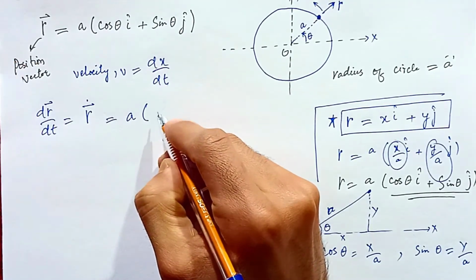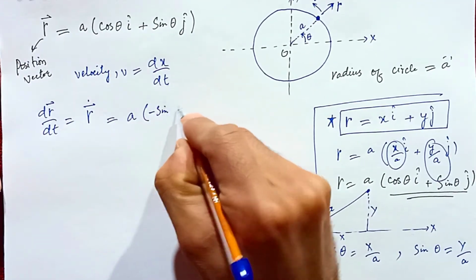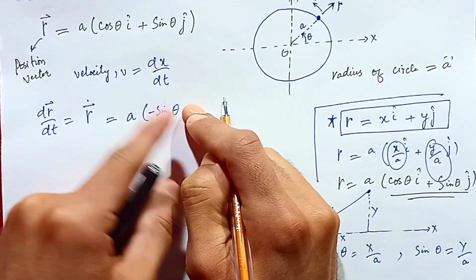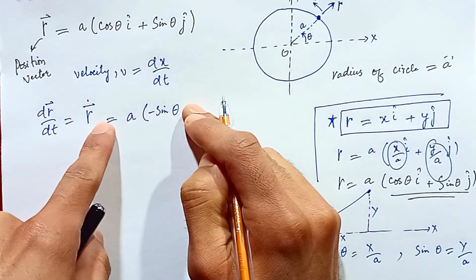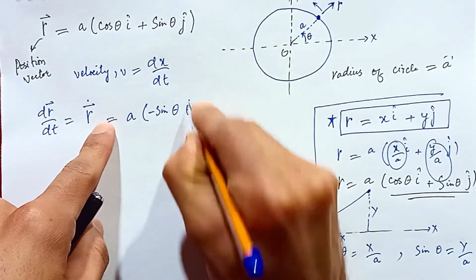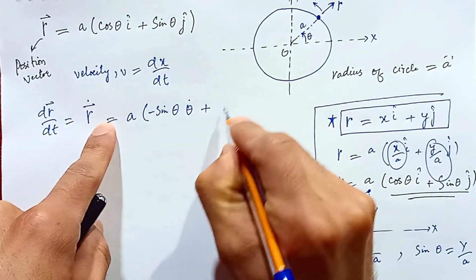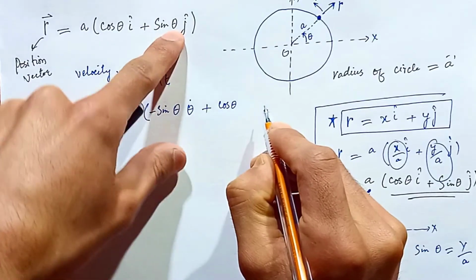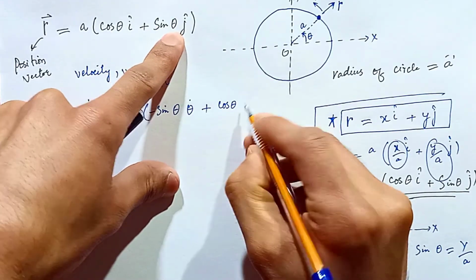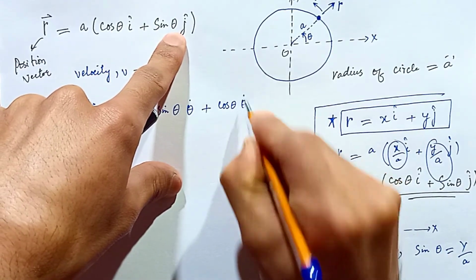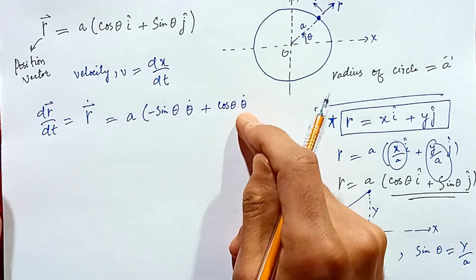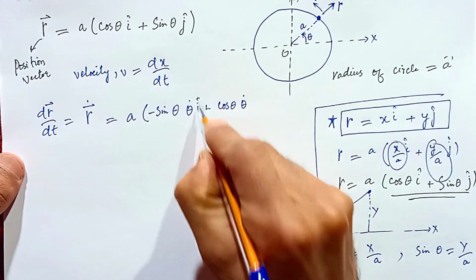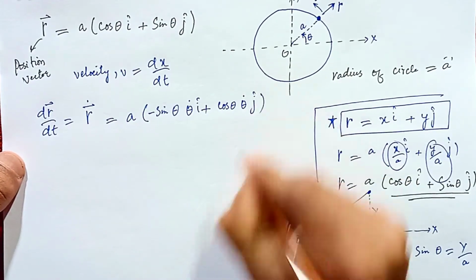So differentiation of cosine of theta is minus sine of theta multiplied by differentiation of theta with respect to time, that will be theta dot, plus differentiation of sine is cosine of theta, and the differentiation of theta itself, d by dt of theta, is written as theta dot, along i, this is along the x-axis, and this along j.